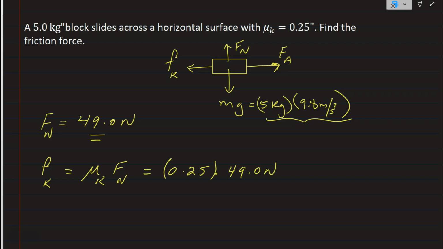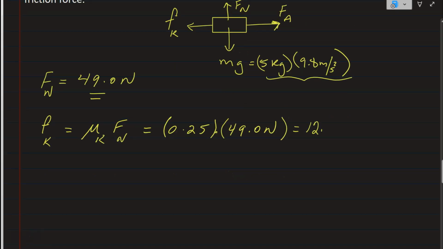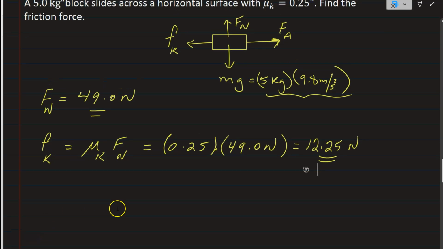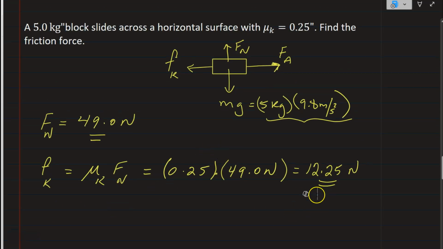Now, the coefficient of static or kinetic friction does not have a unit. So you just have to do the multiplication here, and we will get 12.25 Newton.